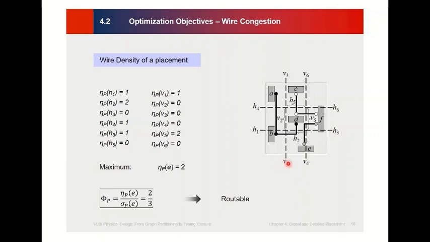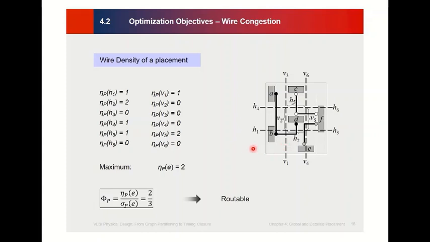And for vertical, we assume that this is vertical cut V1 and this is vertical cut V2. So how do we measure wire congestion or wire density? Just for each cut, count the number of wires that go through each cut.